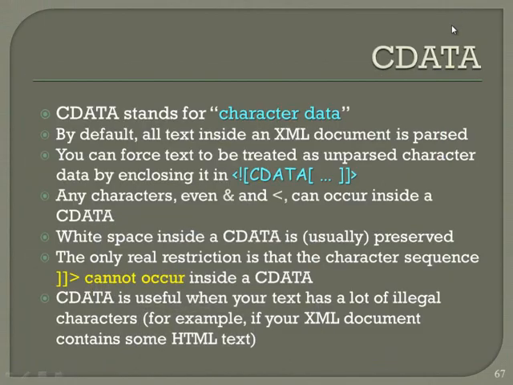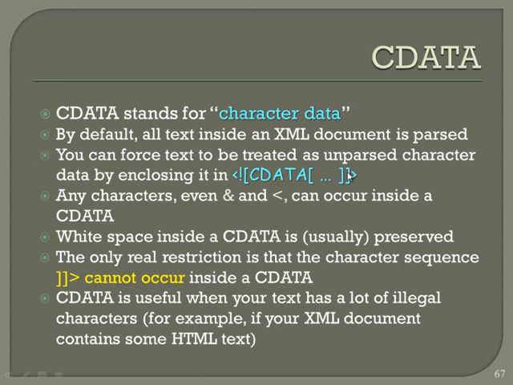There is one important thing in the CDATA. You notice that CDATA ends with the double square bracket and this symbol. That symbol itself cannot be a part of the data. You know why, because this will mark the end of the CDATA. If your data itself contains this symbol, that can't be used. In that case, you use entities to replace that symbol.